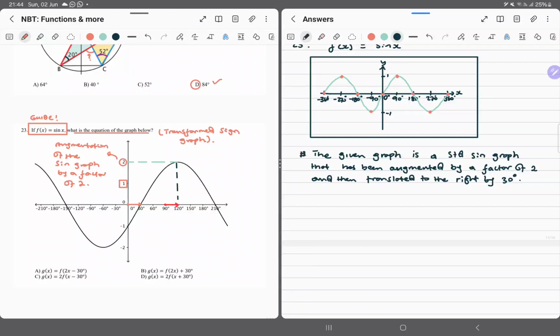So therefore, we know here that this g of x is basically 2 times our f of x. Now to translate that 30 degrees to the right, we subtract on the inside. So that is what we can see happened here.